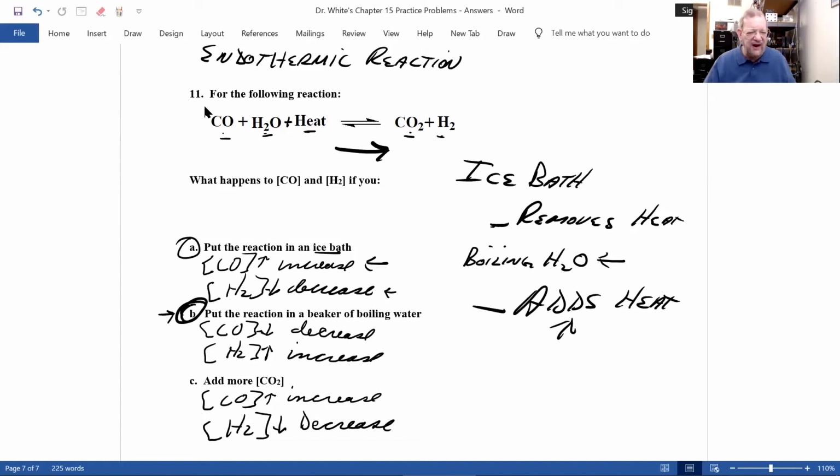And when something reacts, the heat, the water, the CO, it's consumed, and therefore the concentration will decrease because you've got less. Now, to remove the excess heat, it's going to make carbon dioxide and hydrogen. And if you make more of something, the concentration will increase. And that's how you do it.